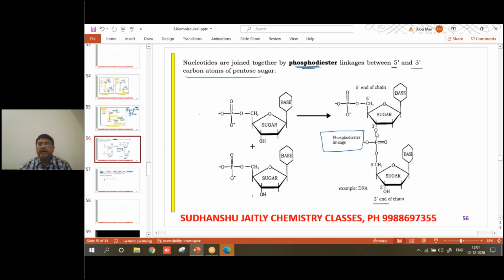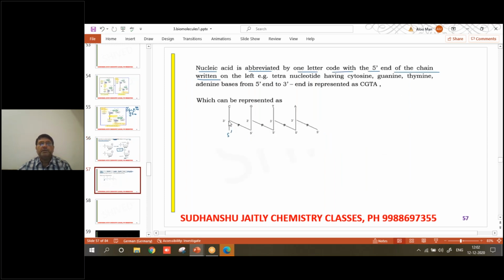Now the 3' of the first will be holding the 5' of the second, so its 3' is holding its 5' with phosphate. 3'-5', 3'-5' and so on will be happening. The 5' of the first and the 3' of the last is going to be available for bonding.